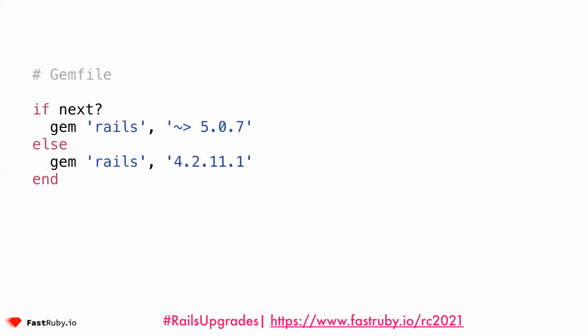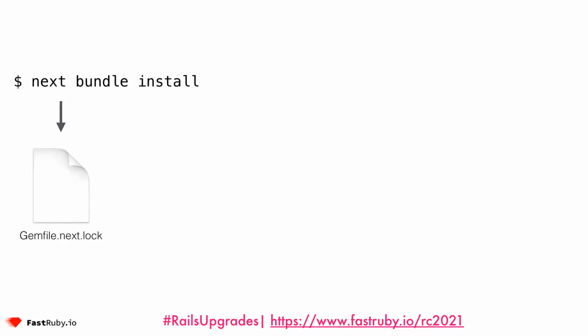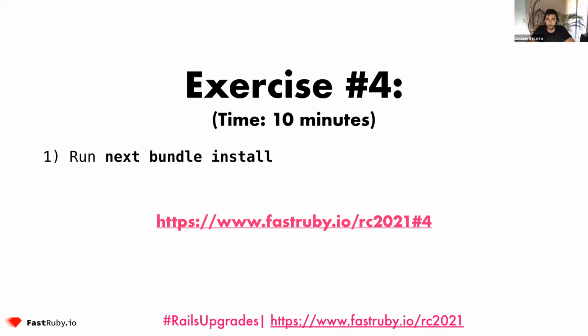So you basically need to do what we did here, but with some of the other gems. And once you fix your Gemfile with that, you can try to run next bundle install again. And if everything goes well, you'll see a new Gemfile.next.lock file in the root of your application. So now let's try to do that. Let's run next bundle install.